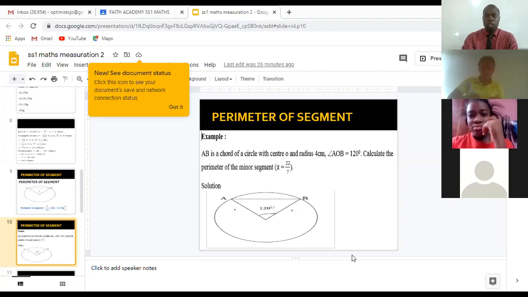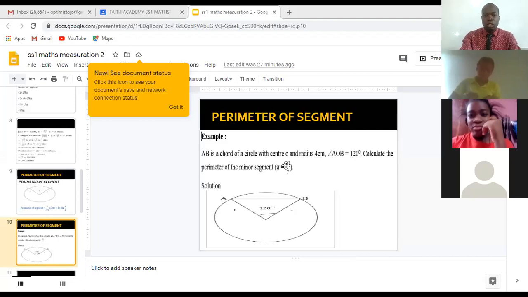Please do it on your own. Don't check the notes. I know some of you have downloaded the notes before. Just try and do it. Okay, 4 centimeters. When you are calculating the perimeter of a segment, you must consider the triangle.